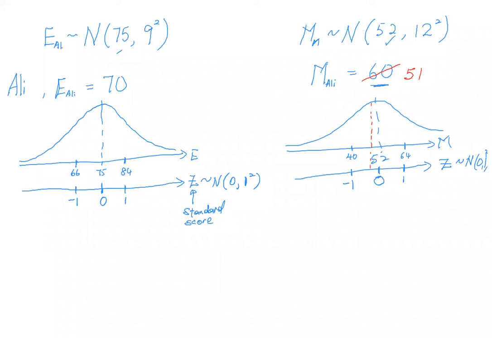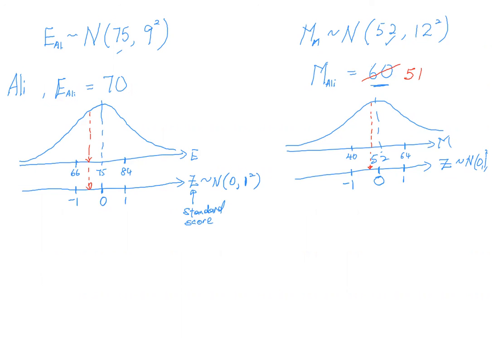So the standard score will be around here, am I right? Okay, 70, here is 75. So it will be at the middle, around that. So whose standard score is lower? The standard score of which subject is lower? English.